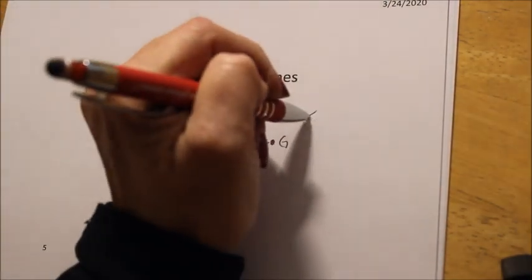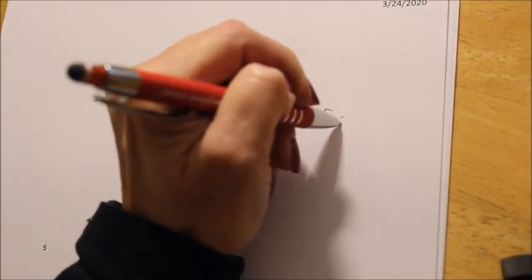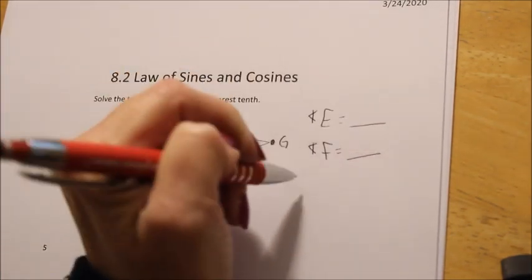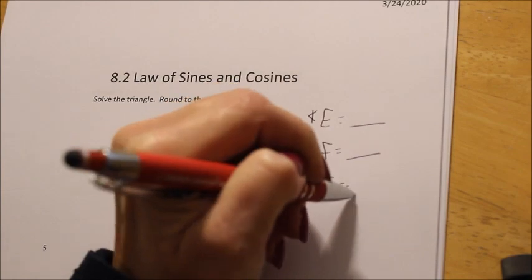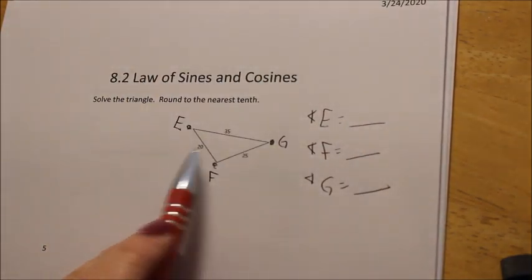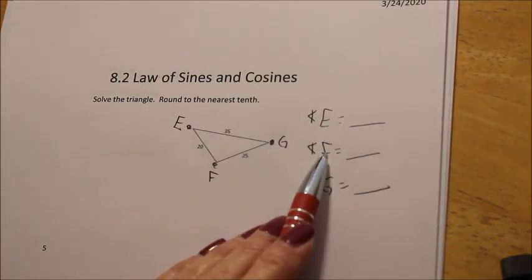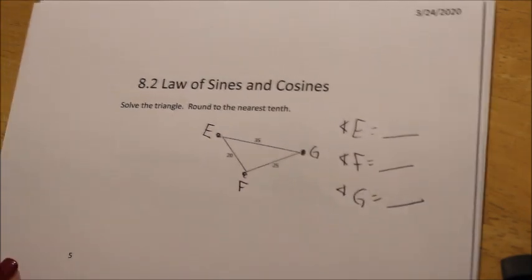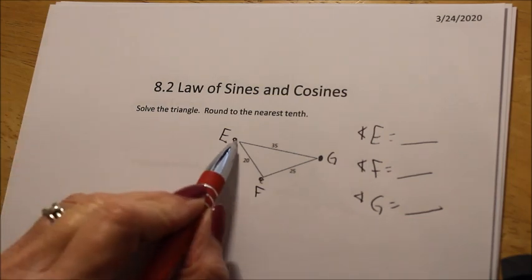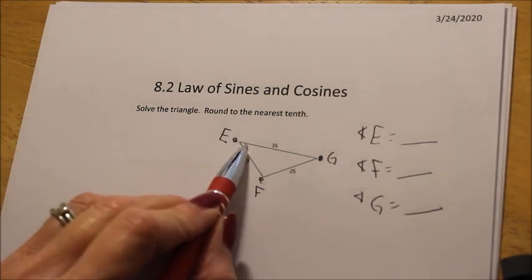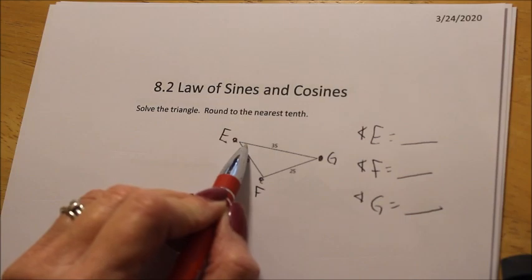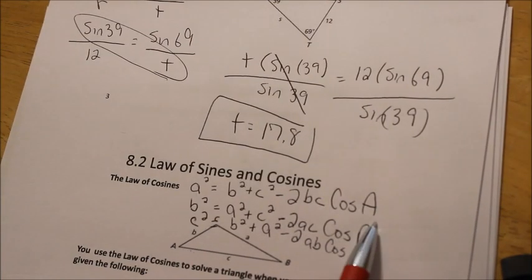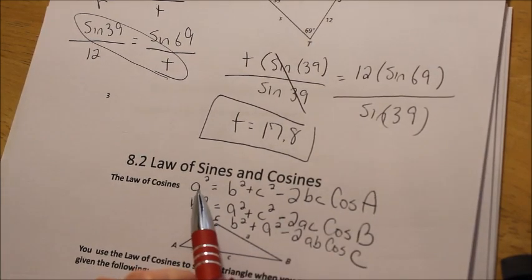So the three angles I want to find are E, F, and G. And I already know the three sides, little e, little f, little g. If I find these three angles, then that'll be everything that I need. So I'm going to start with E. Remember, if you're going to find angle E, you want to use the formula that has an E in it, and whatever angle you want to find, you start with that opposite side.